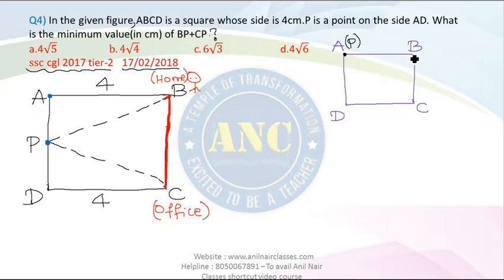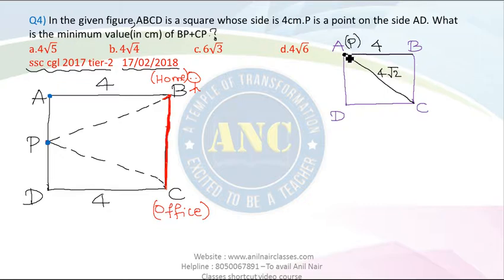From B to P, I will travel 4 centimeters. Now I am at point P, which is the exact place where A is also located. From P to C, I will travel again. If this side is 4 centimeter, the diagonal will be 4 root 2, right? The diagonal of a square is side into root 2.